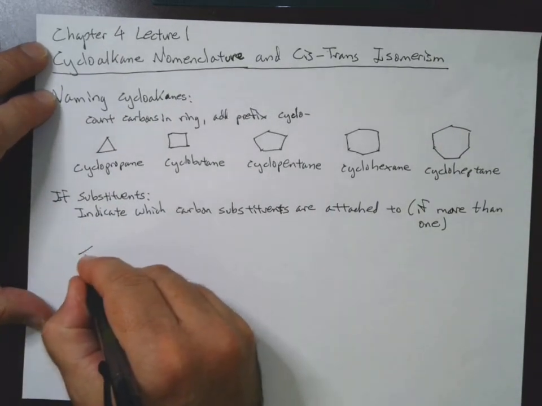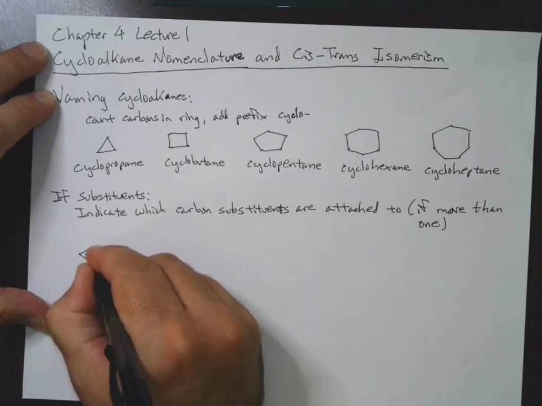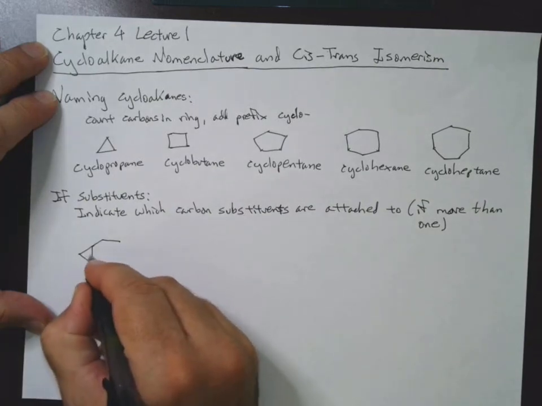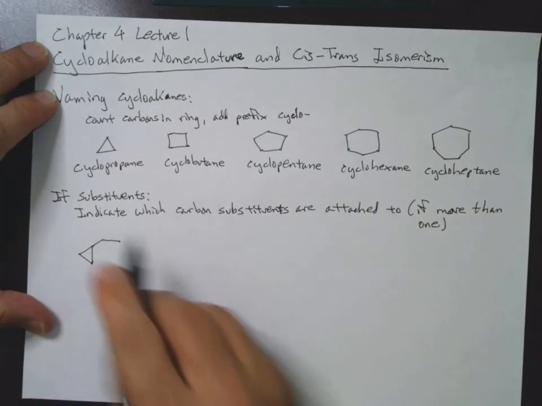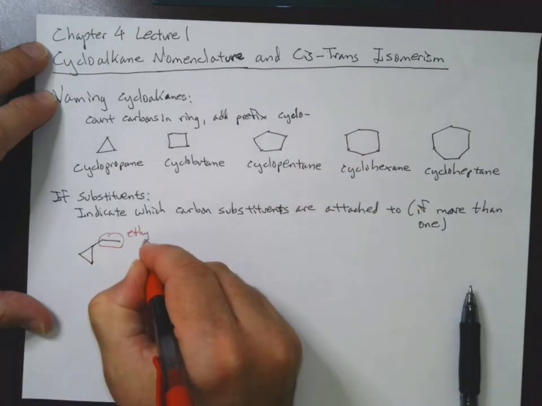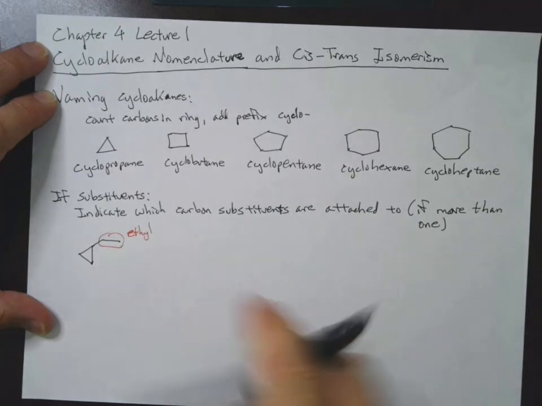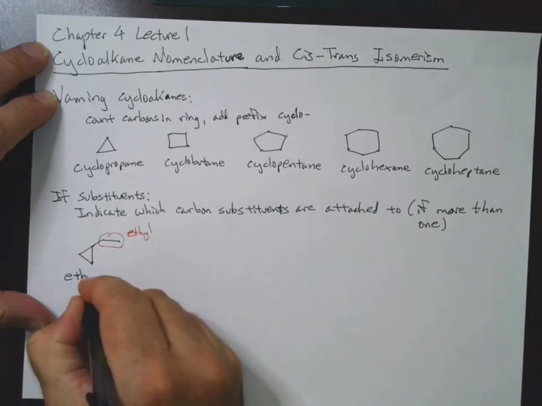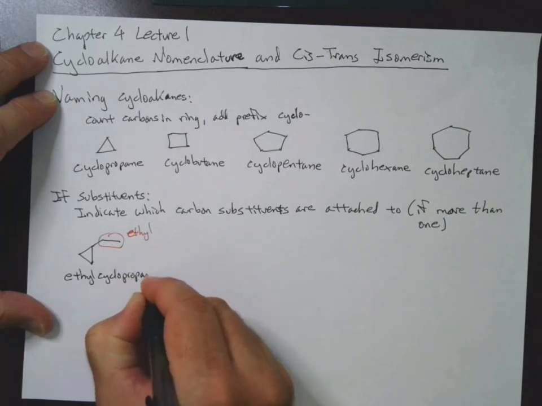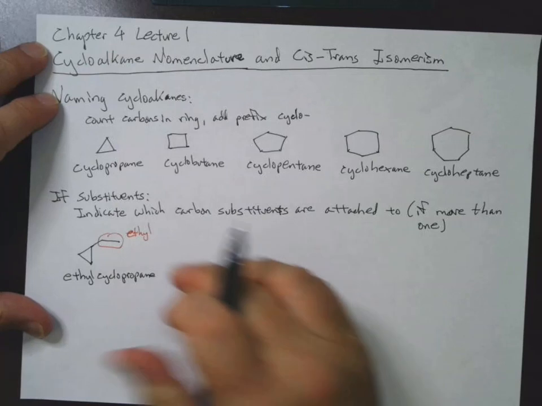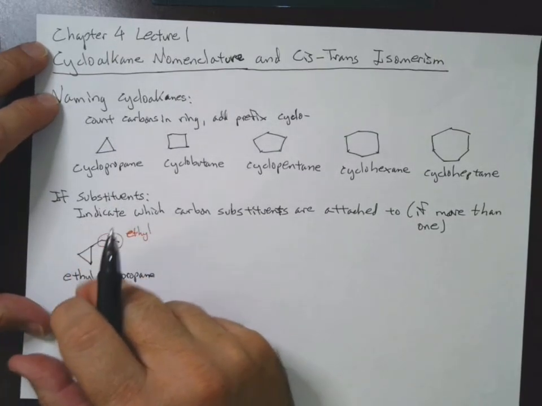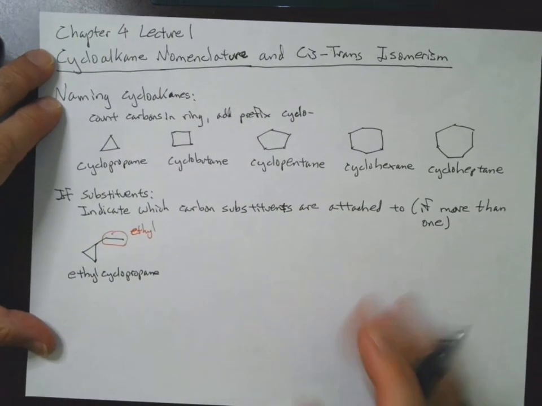So for example, let's say we had something like this. We have our cyclopropane, and this is an ethyl group, so this would simply be ethylcyclopropane. Now the text does mention that if you have a long carbon chain and then a small ring attached to it, you'd actually name the ring as a substituent itself.